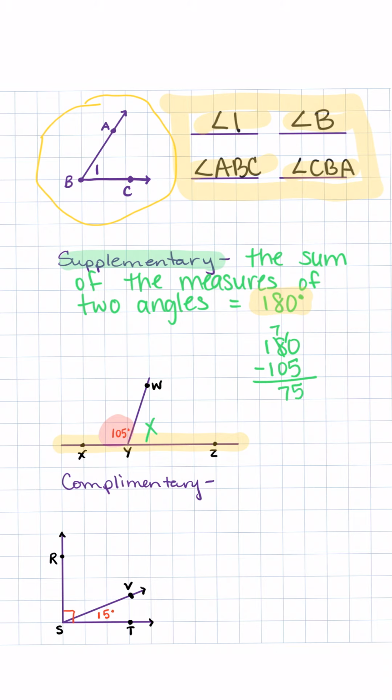Equals 75. So therefore, this angle, you could call that Y, although I guess you need to call it angle WYZ, equals 75 degrees. I know that because it's supplementary and a straight line equals 180.